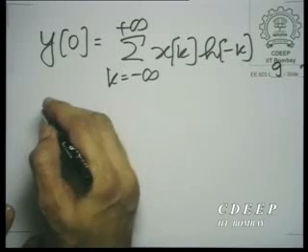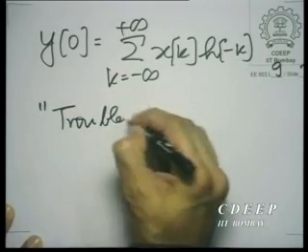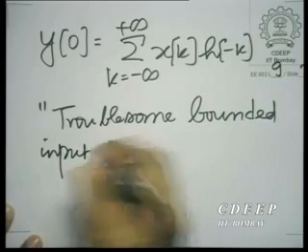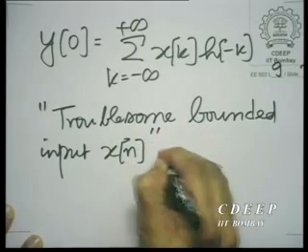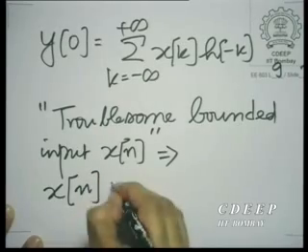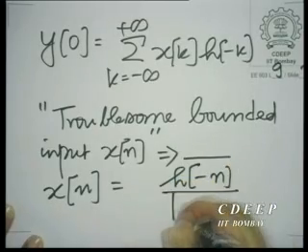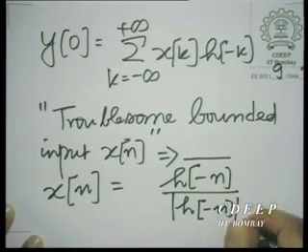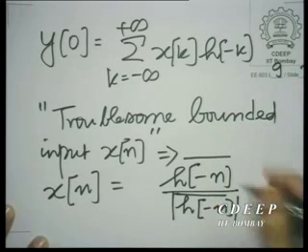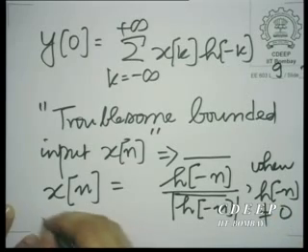Now our reasoning was that we can choose a troublesome bounded input x[n], and we chose that troublesome bounded input as x[n] equal to h conjugate of minus n divided by the modulus of h conjugate of minus n, whenever h[minus n] is not 0, and 0 otherwise.